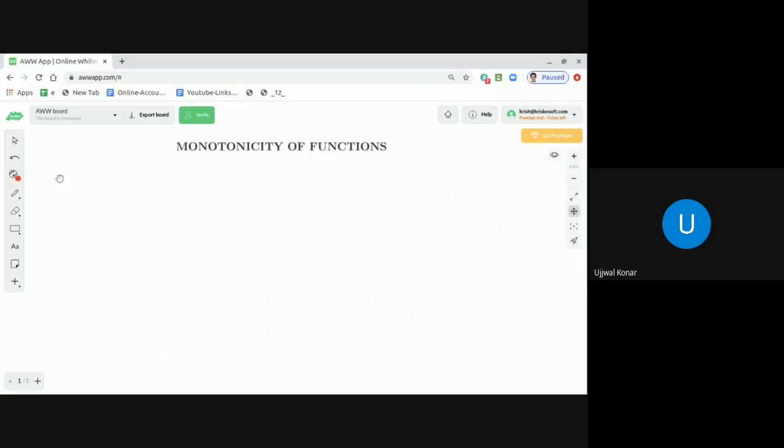And we will see, dear students, that differential calculus is going to help us to take those decisions, whether the function is increasing or decreasing or constant, without drawing the graph of that function.